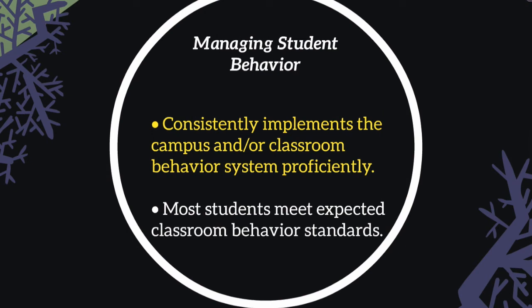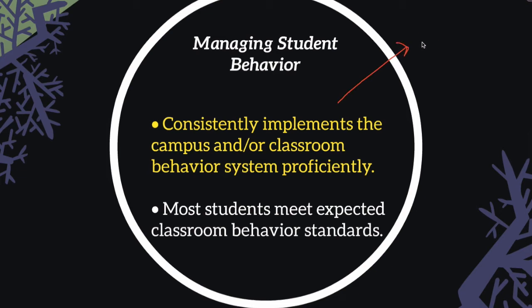Now, the mother lode of the three dimensions in this domain is managing student behavior. This is the foundation. If the student behavior is managed, then you have the foundation to be able to teach. So at the proficient level, you have consistently implements the campus or classroom behavior system. So some suggestions for this, some of you have your own rules.